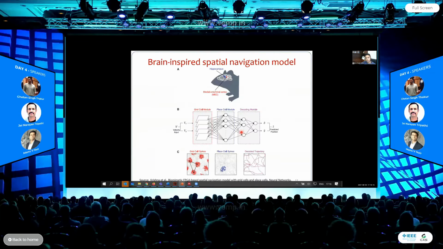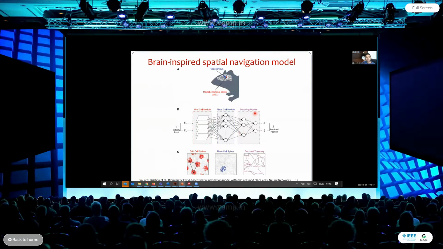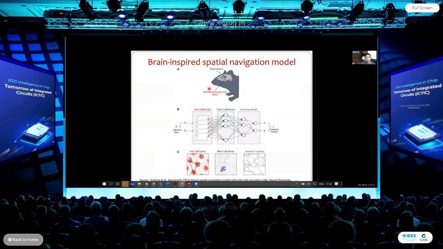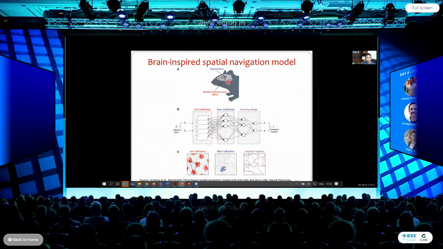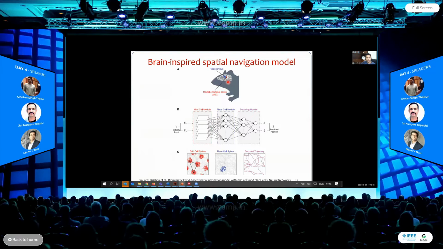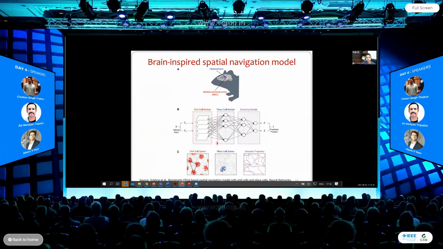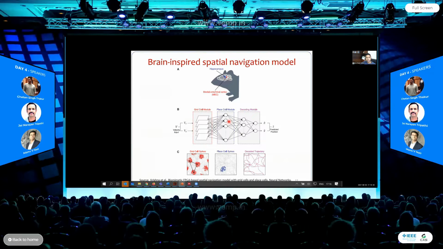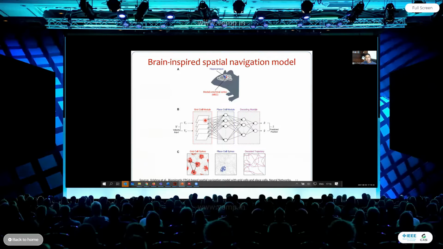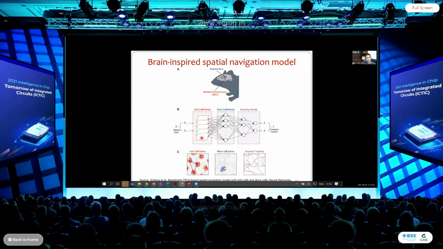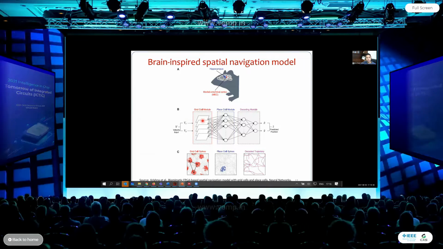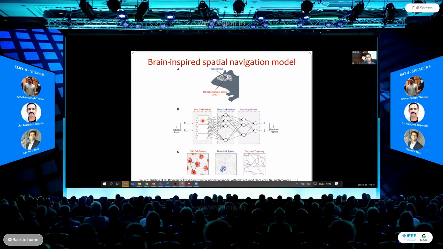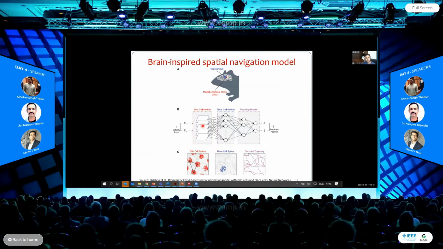Okay, now with this background, we try to build our brain-inspired spatial navigation model and try to build it to run for real-time applications. So this is our architecture, which is a tri-modular architecture comprising a grid cell module, and you can see there are different layers based on the dorsoventral architecture which we have seen, which is present in MEC, or medial entorhinal cortex.